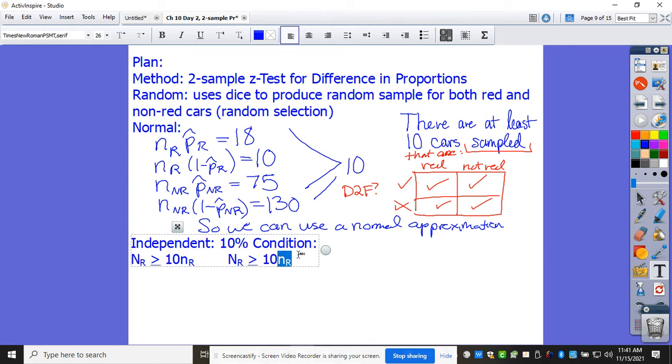So how many red cars were sampled? 28, which means capital N has to be greater than or equal to 280.